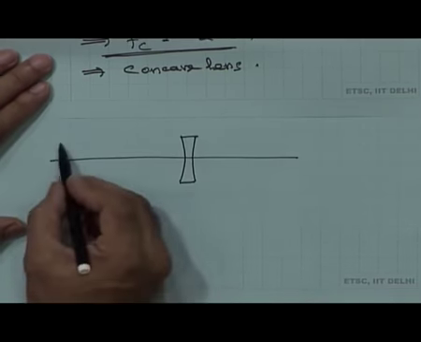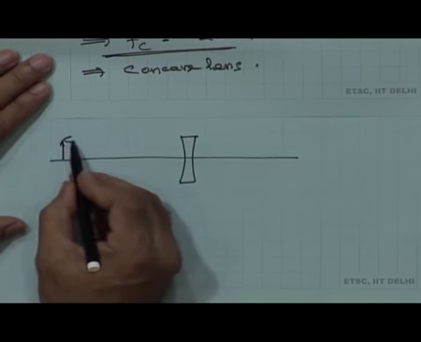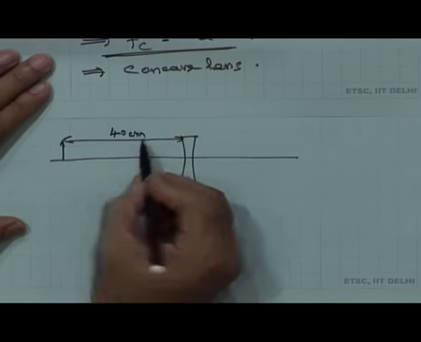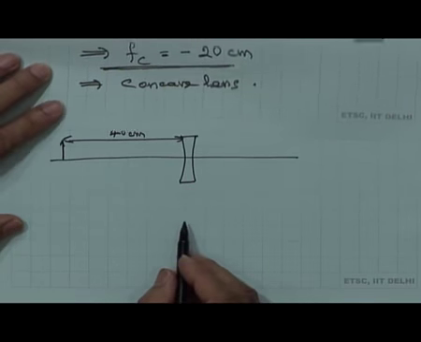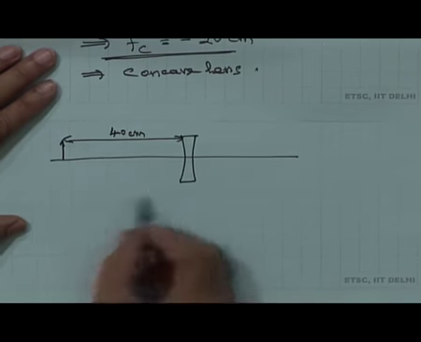There is an object here at 40 centimeter, and we have a lens of focal length minus 20 centimeter. So, where will be the position of the image?